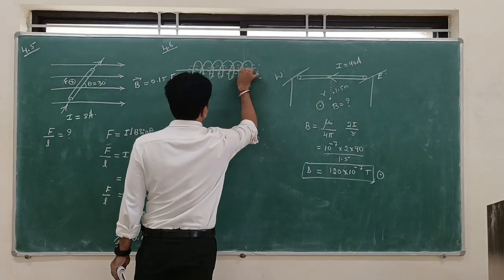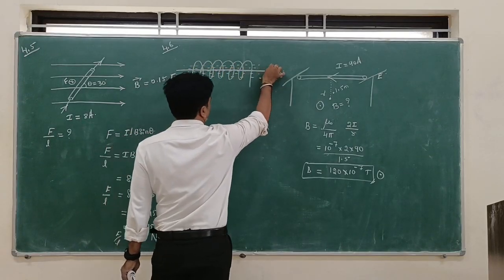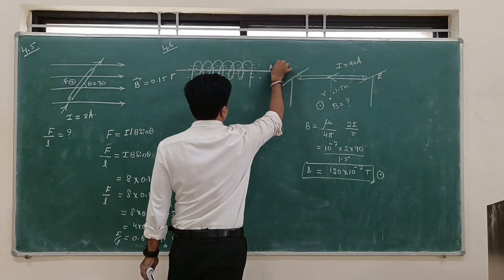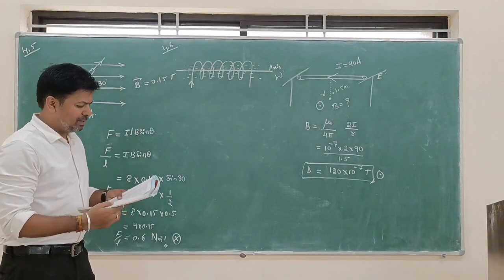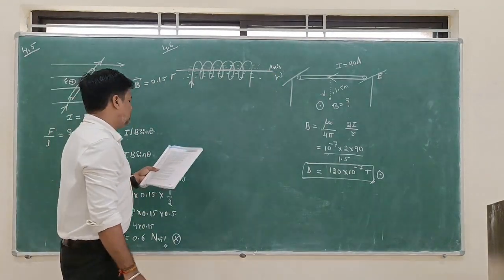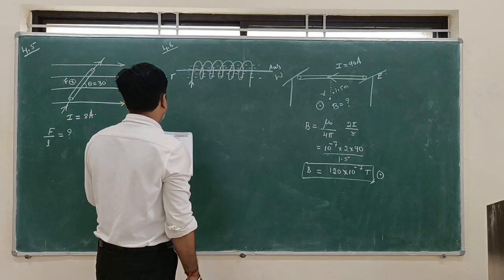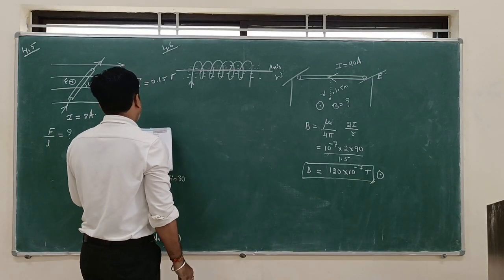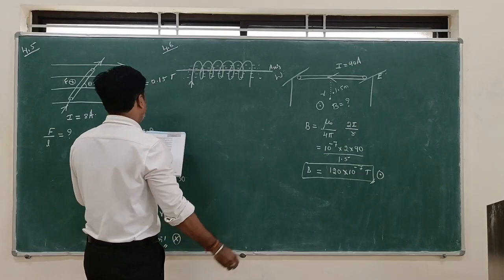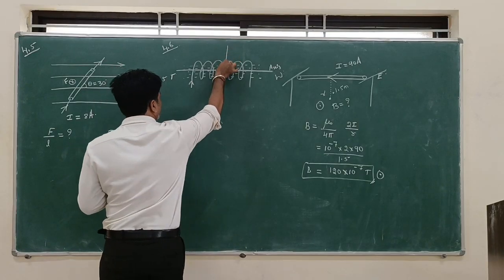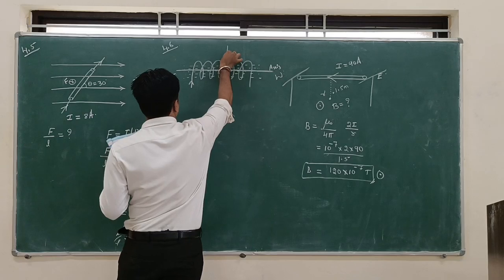And this one is the axis of the solenoid. They are placing a wire perpendicular to this axis. A 3 centimeter wire carrying a current of 10 ampere is placed inside a solenoid perpendicular to its axis.